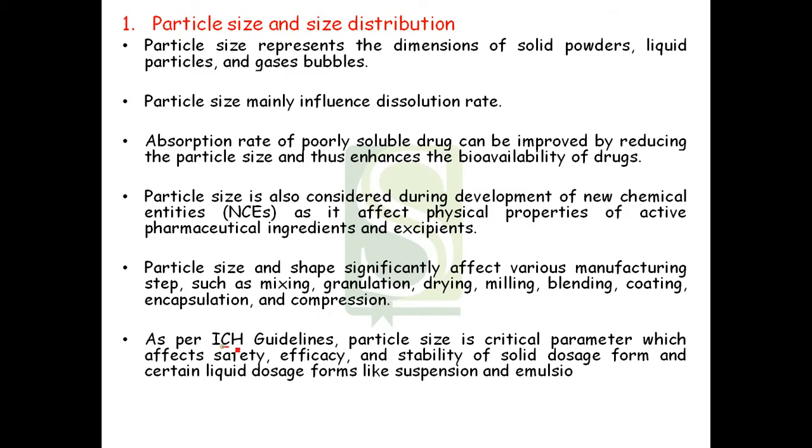As per ICH guidelines, particle size is a critical parameter which is going to affect the safety, efficacy and, more importantly, the stability of solid dosage forms and certain liquid dosage forms like suspensions and emulsions.